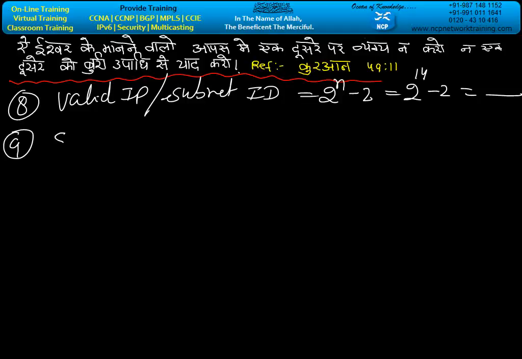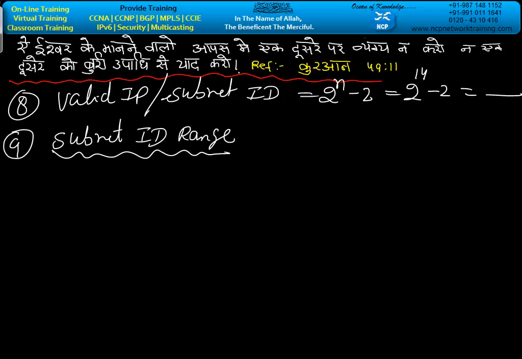Last step, subnet ID range. Very careful, subnet ID range, because in case of the class C, we have only one octet, but in case of the class B, we have the 2 octet, third octet and fourth octet.